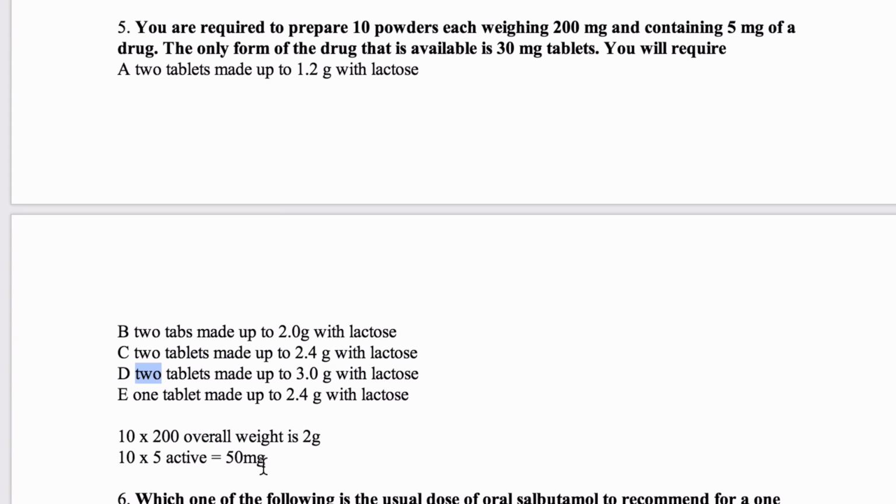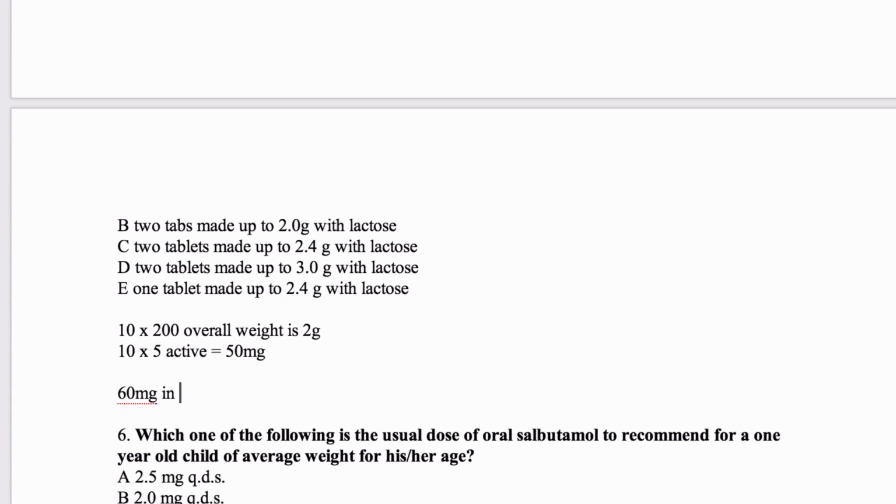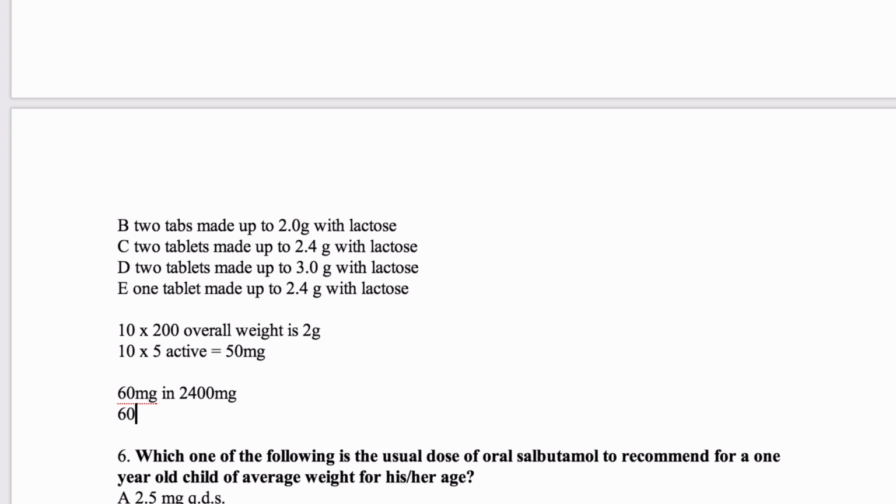And the way that you would work it out is 2 tablets is going to be 60 milligrams in 2,000 milligrams. No, in 2,400 milligrams. So you work out the proportion. So 60 milligrams in 3,000 milligrams.